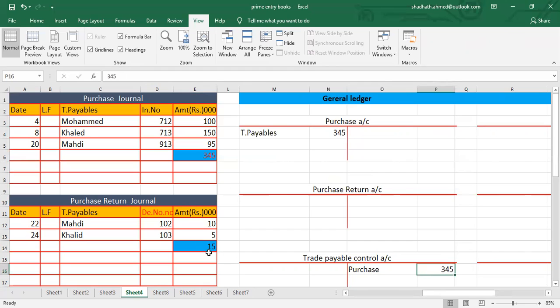When you come to purchase return journal, it is the opposite side. So purchase is debit side, purchase return is credit side, 15. Then in payables control account, it is opposite to the purchase: debit 15, that comes as purchase return.